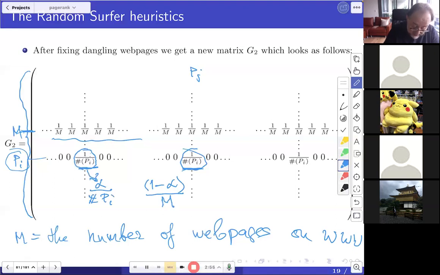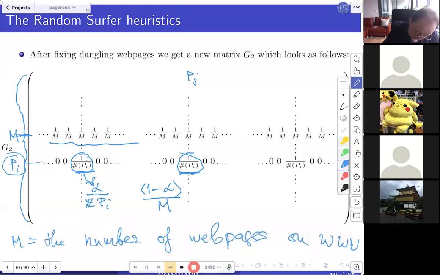So you jump with probability 1 minus alpha, and because all the web pages are equally likely, all the entries here will be augmented by adding this, including the web pages that have links, because now you have two ways to end up in Pj. If you are at Pi, you can end up there by either following the link or by randomly jumping there.